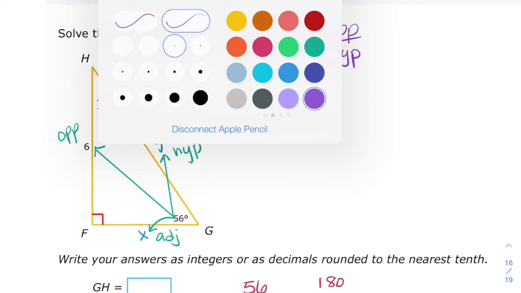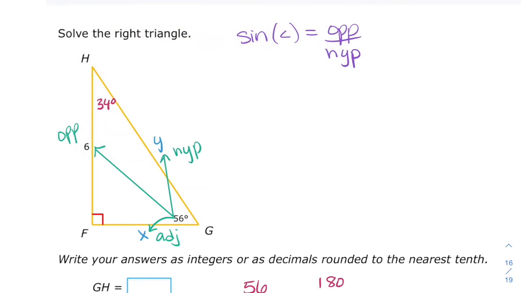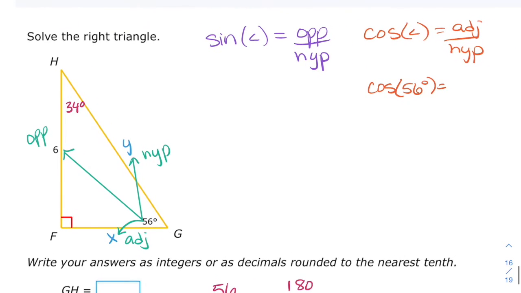The cosine of my angle equals adjacent over hypotenuse. And I get two things going on. For cosine, I have cosine of 56, and that equals x over, oh, wait a minute. You know what? What am I doing here?